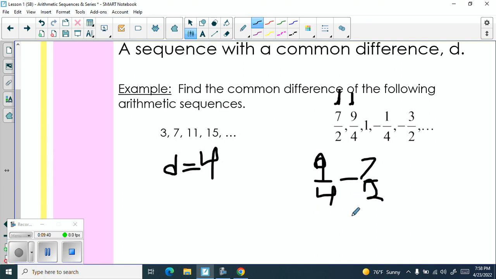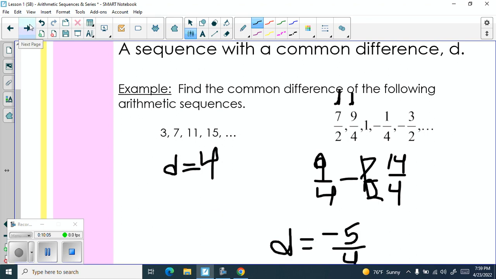That denominator is going to be 4. So 7/2 is the same as 14/4. So 9/4 minus 14/4 gets me -5/4. So that's what I'm adding each time, or you can think I'm subtracting 5/4 each time.